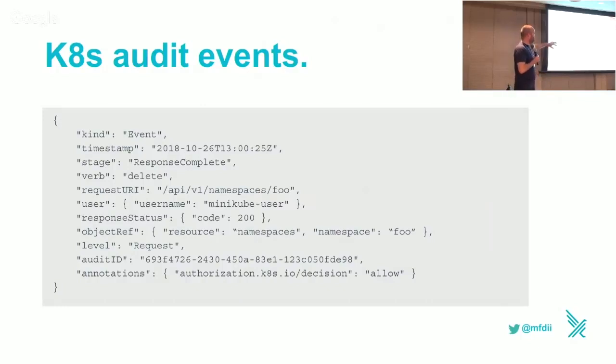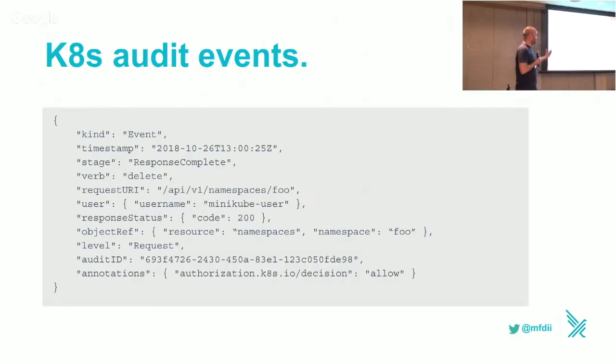So this is what an audit event looks like. I just want to point out a couple key things here. We have the verb, so this is when you ran kubectl create or apply, delete, patch, whatever the verb is that you're using. You'll get that verb here. You get the actual URI of the API server that it's hitting. And then you get the username. You get a response code, whether it was successful or not. And then you get an object reference.